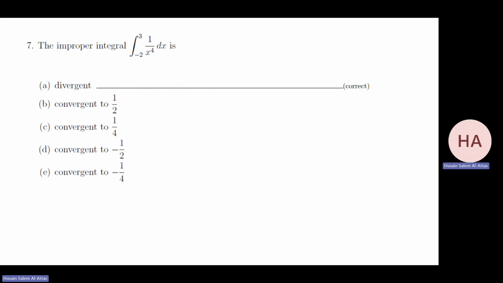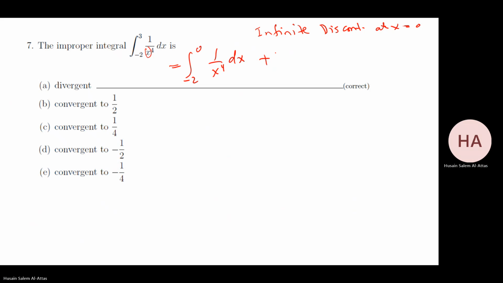Yeah, this one, let me check. My problem is with the 0. Yeah, I have infinite discontinuity at x equal 0. So I split this into 2 integrals. So let me take this one, minus 2 to 0.